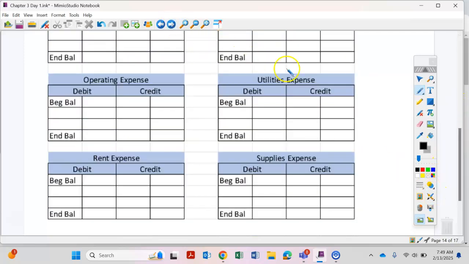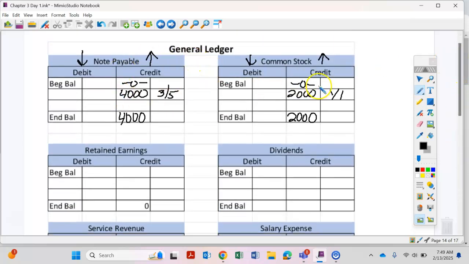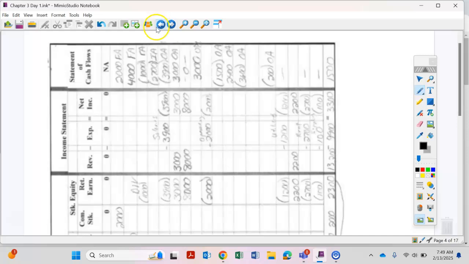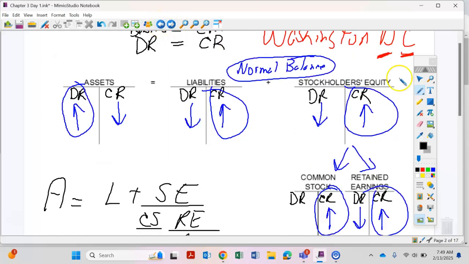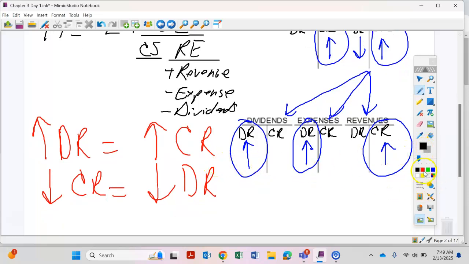And let's do the next page. Let's just finish this out. So we already did note payable and common stock in class. Retained earnings goes up with credits and down with debits. Dividends, though, recall dividends. Let's go back to our debit credit rules real quick and review this. So dividends cause retained earnings to go down.